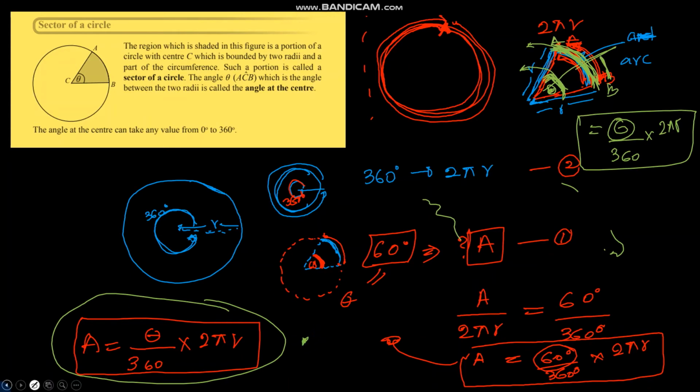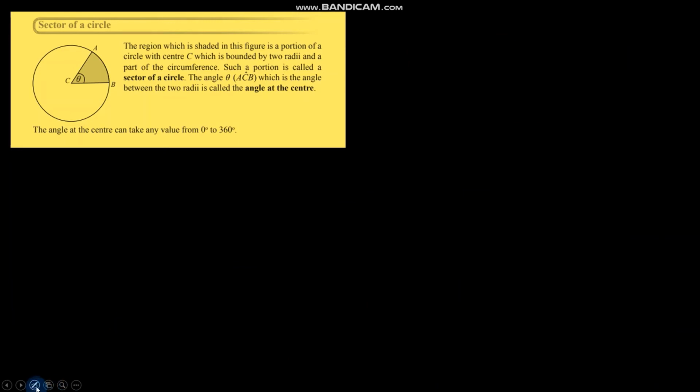So just to summarize, let's remove all these. What we learned is that if we take an arc, right? What do you mean by an arc? Arc portion is equivalent to from this point to this point.